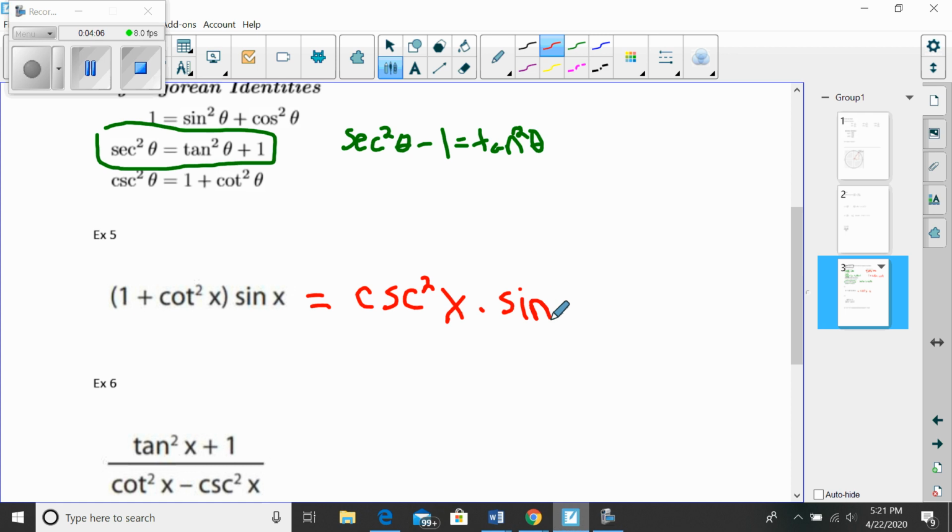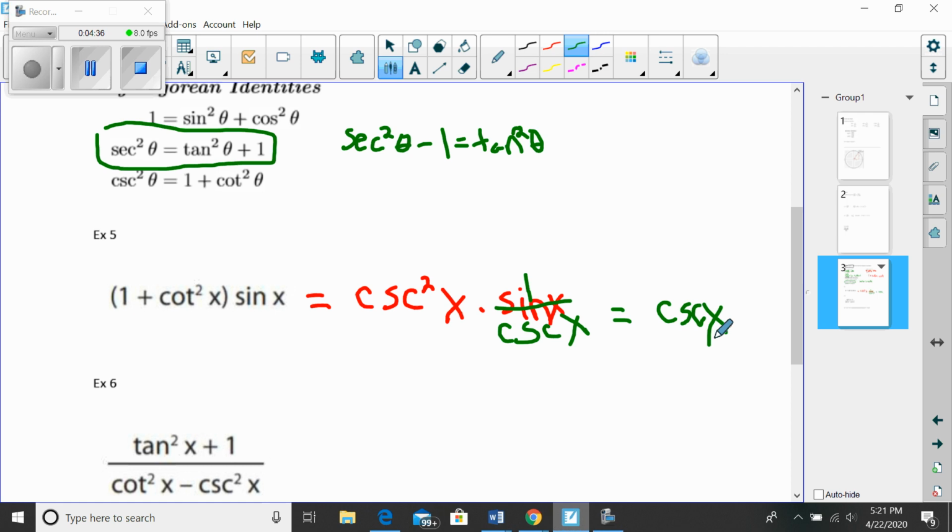And then I can remember that sine is actually 1 over cosecant. So I'm going to replace sine with its equal, 1 over cosecant. And then this can cancel and leave me with 1 factor of cosecant x.